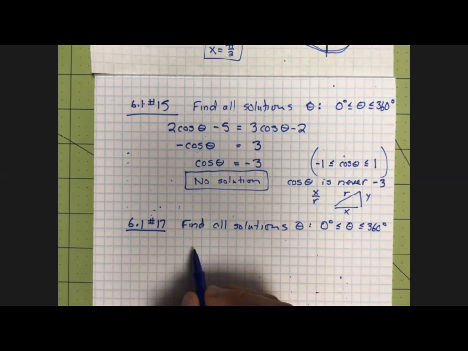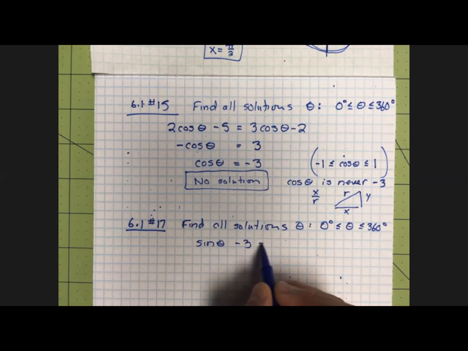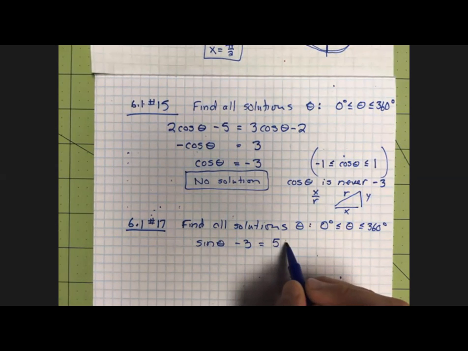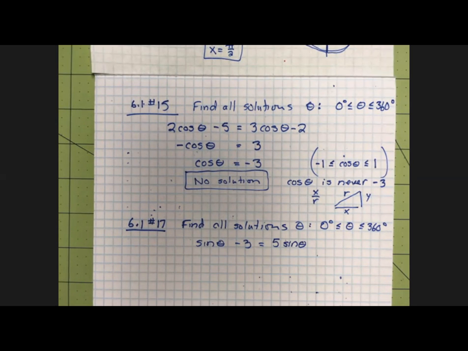And this time it is sine theta - 3 is 5 sine theta. And we're going to try fancier ones in a second, but I do like the way he sets this up, just slowly increasing the difficulty of the problems. Okay, subtract 5 sine theta. 1 sine theta minus 5 sine theta is -4 sine theta. Add 3 to both sides. Divide by -4. So you have to do all the ordinary algebra stuff correctly.